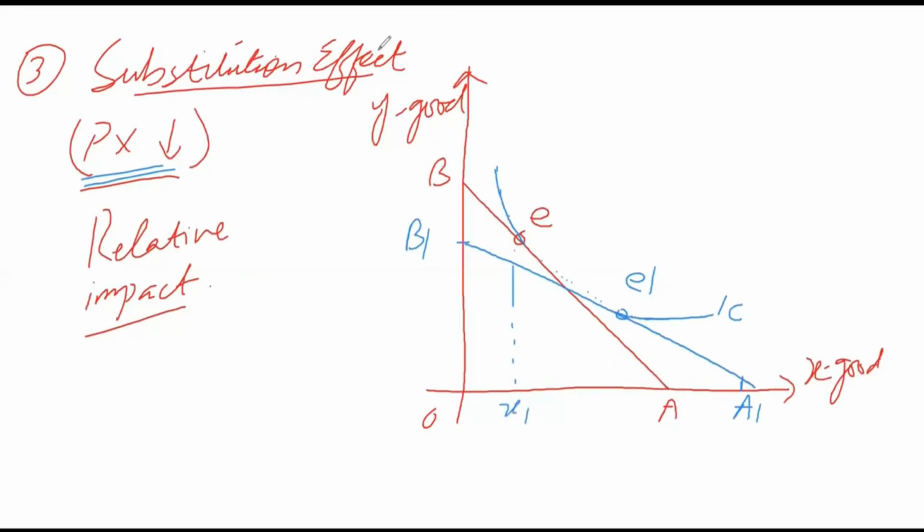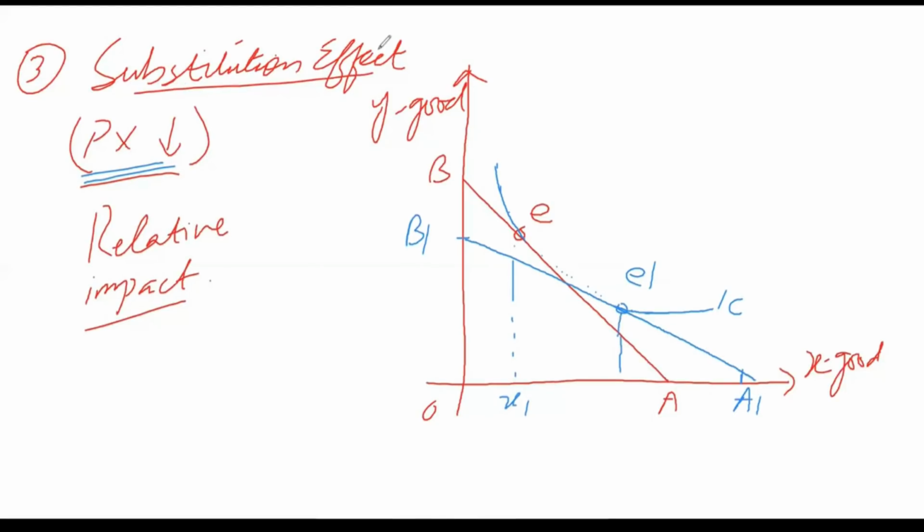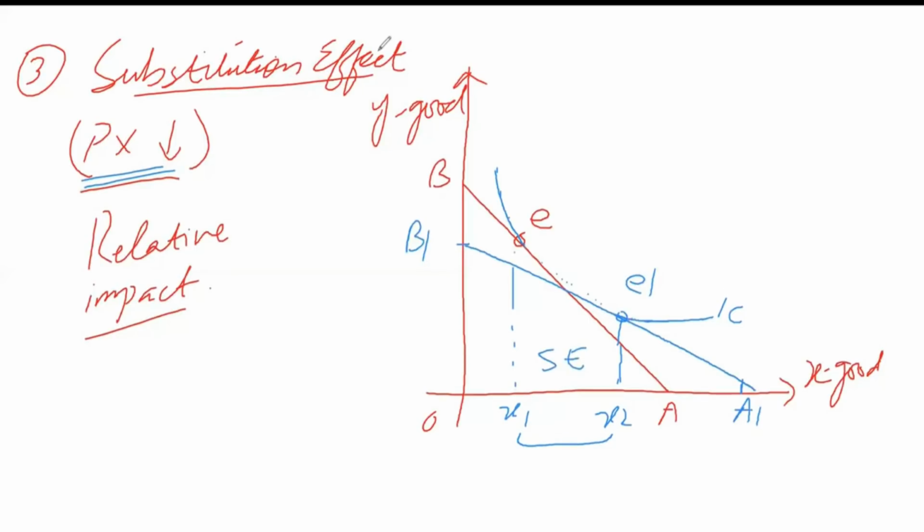As a basic principle, we draw a single IC curve which becomes tangent to both budget lines AB and A1 B1. Initial equilibrium was at point E, and we draw an IC curve which creates tangency at point E as well as E1 on the new budget line.